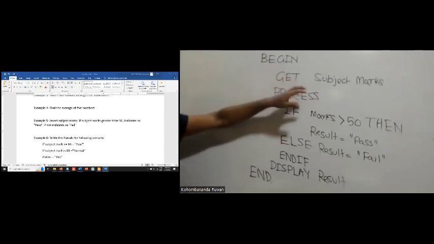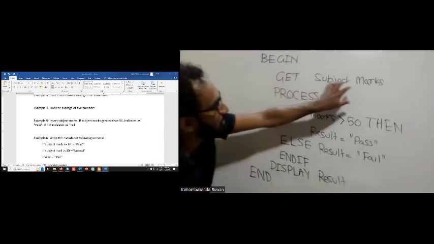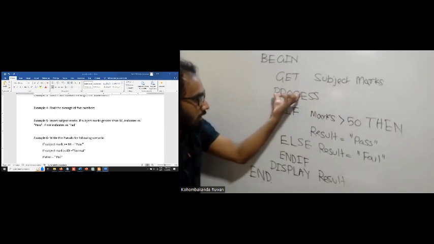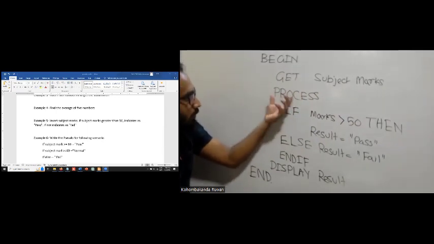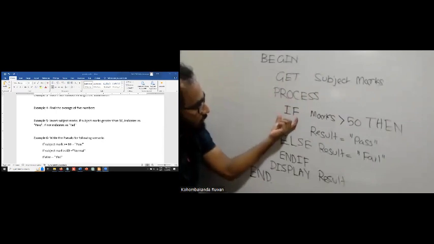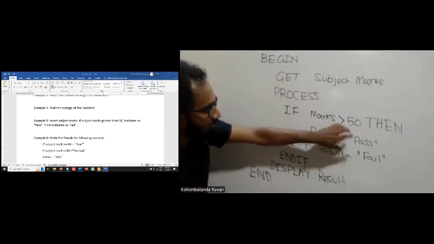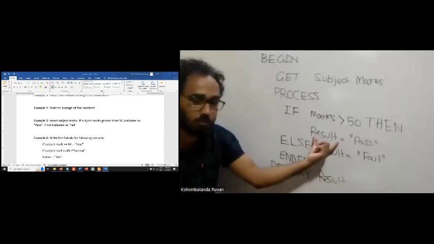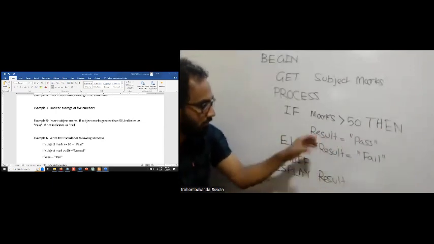Begin. Then you have to get the marks. Therefore, I use get subject marks, or get marks. Then you have to start the process using the word process. Inside the process, you have if, that is a selection. If marks greater than 50, then result is pass.